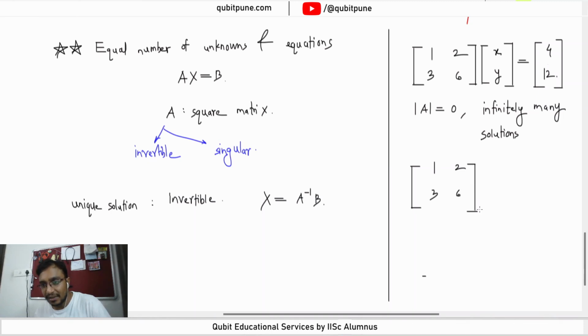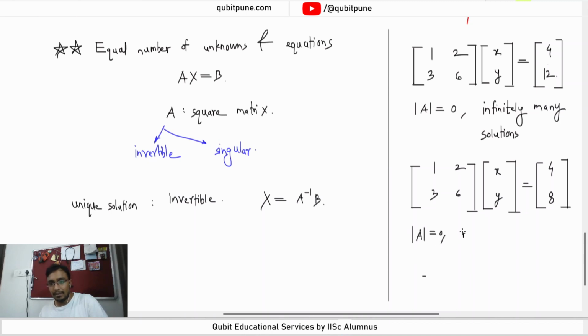But if I change my matrix of constant terms, if I make it 4 and 8, now you realize that these lines are parallel. Determinant is still 0, but no solutions. So be careful.